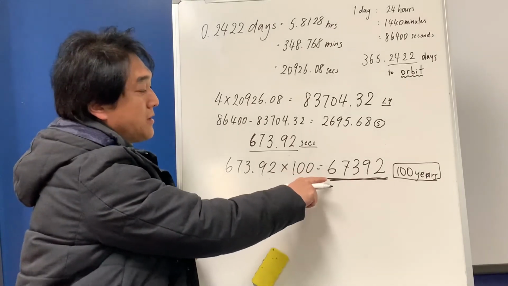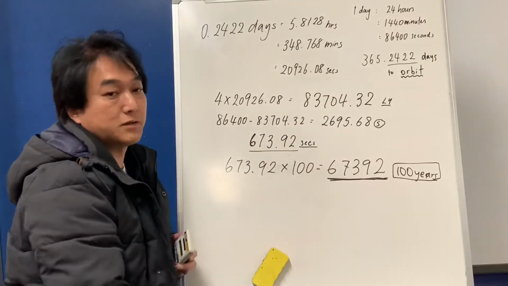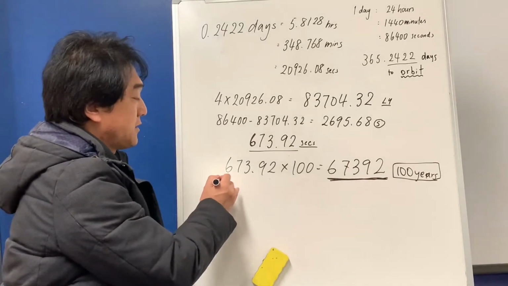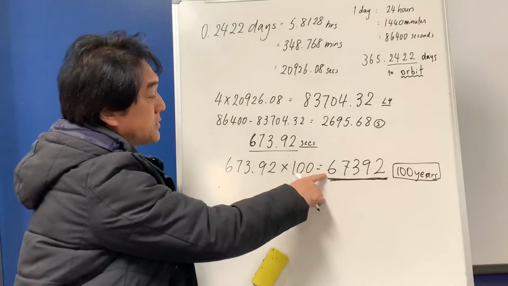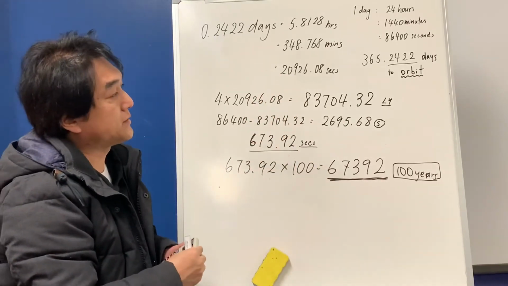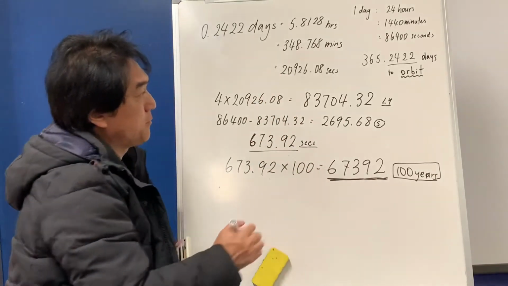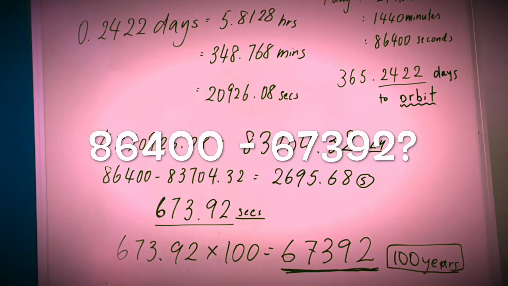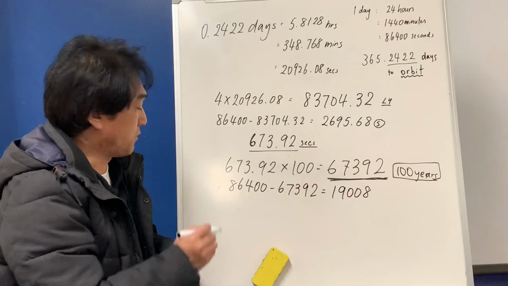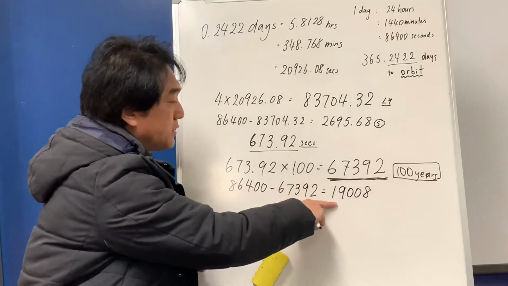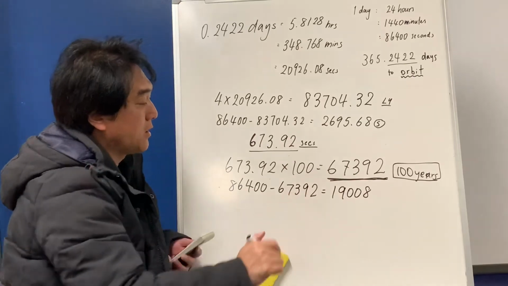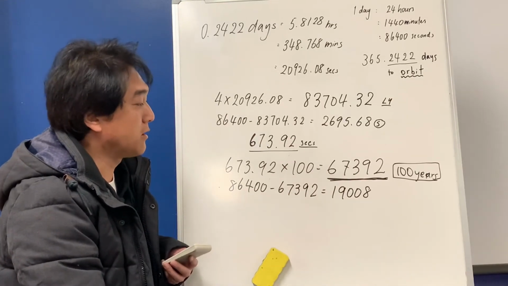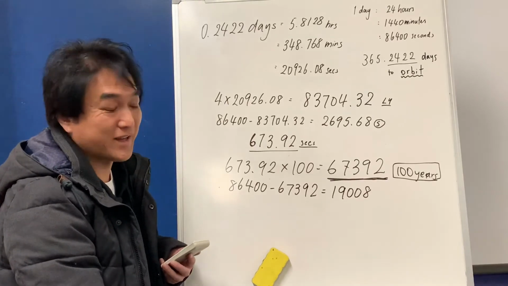Now, are you thinking the same? Wait. This is not quite right still. So what's the difference? Have I leave it to you? Can you find a difference between this and that? How many seconds are we behind? Have you realized every 100 years, now we are 19,008 seconds behind.